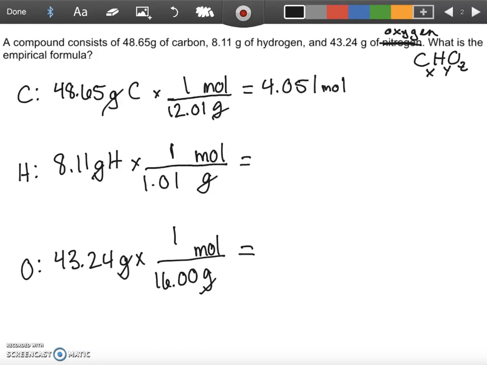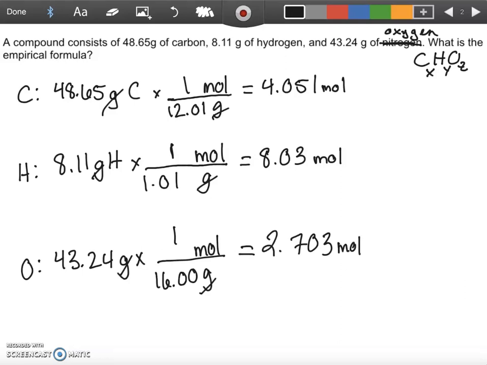Next one is 8.11 divided by 1.01, we'll need 3 sig figs for this one, 8.03 moles. And then the last one's 43.24 divided by 16.00, which gives 2.703 moles. 4 sig figs, okay?